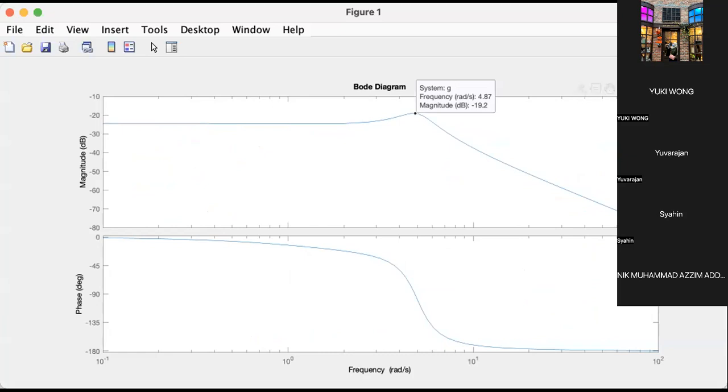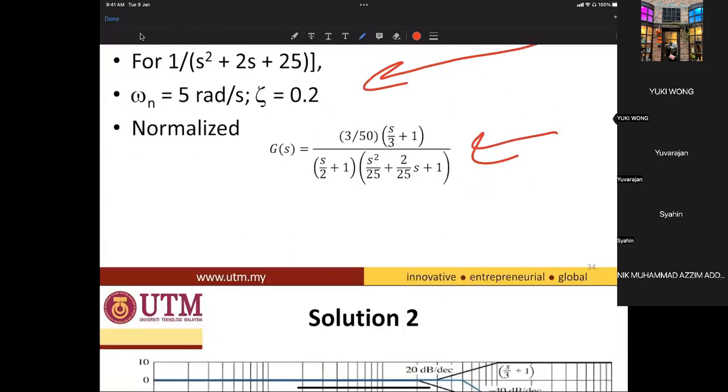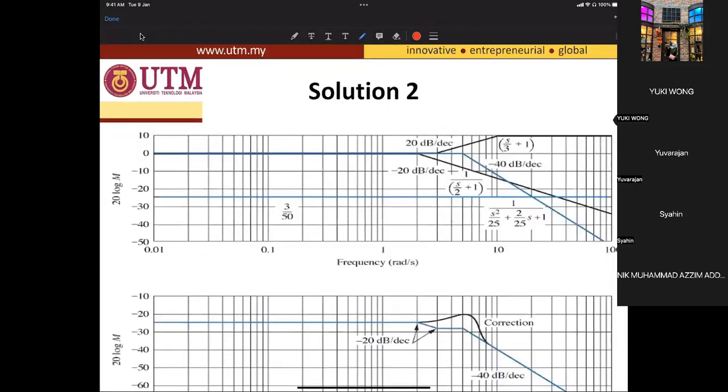MATLAB here. So if you want to plot using freehand draw, okay. So this is plot using a freehand draw. There, 0.2. Ada tulis kat situ, kau tak baca kot. Normalize first, okay. So you normalize the transfer function and then you plot one by one.